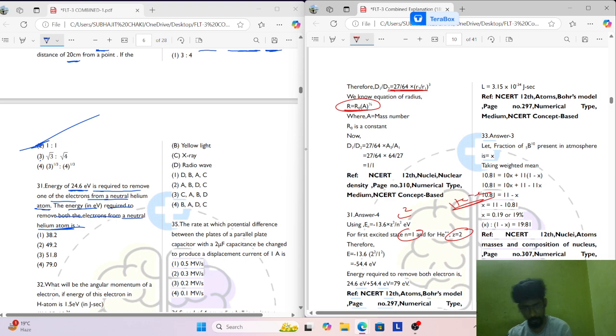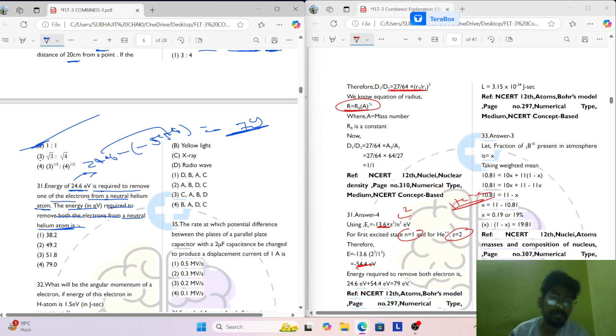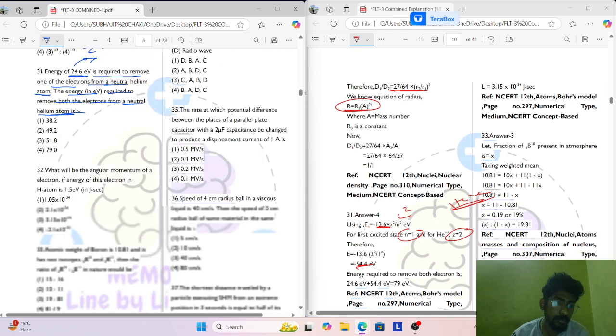So 4 into 13.6 means 54.4. The initial energy was 24.6, so the change in the energy will be 54.4 minus 24.6, that will be 79, which will be our correct answer.